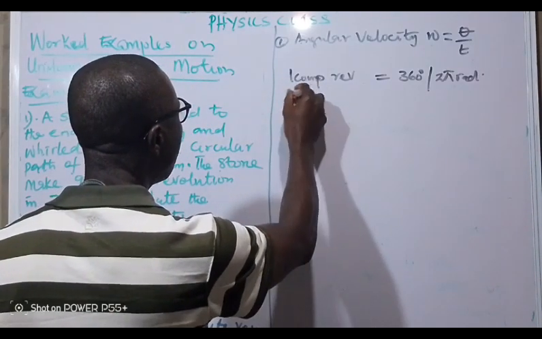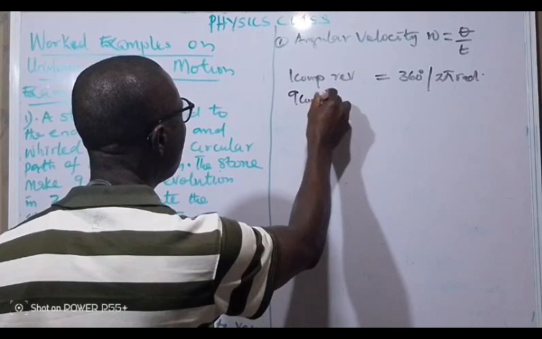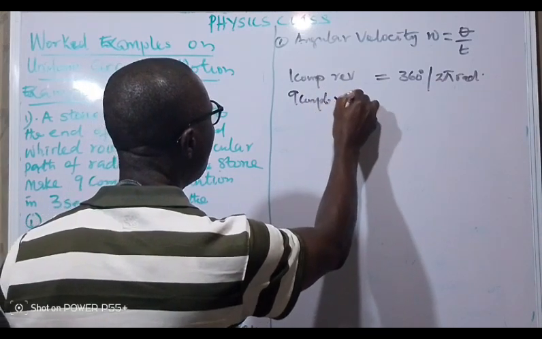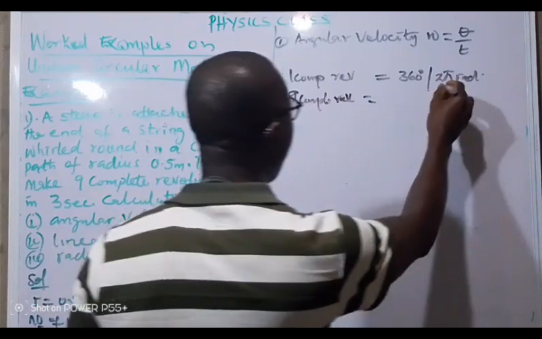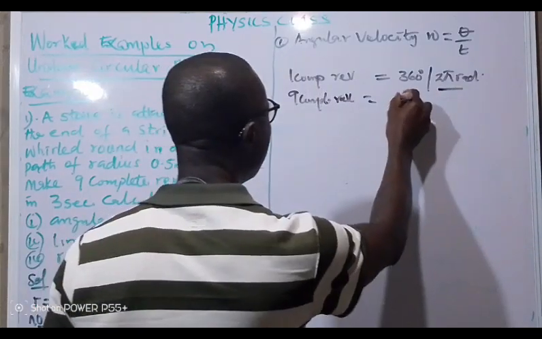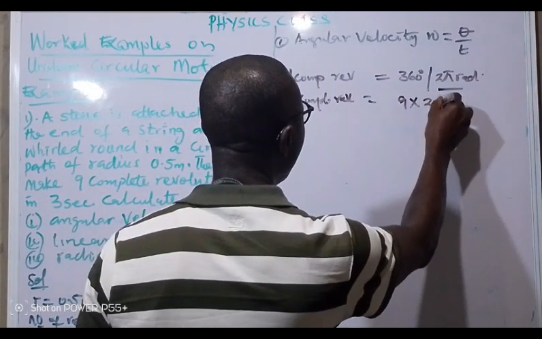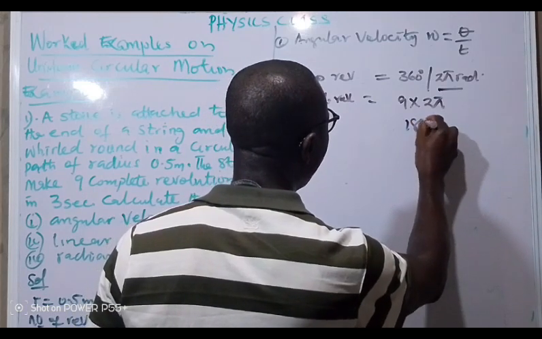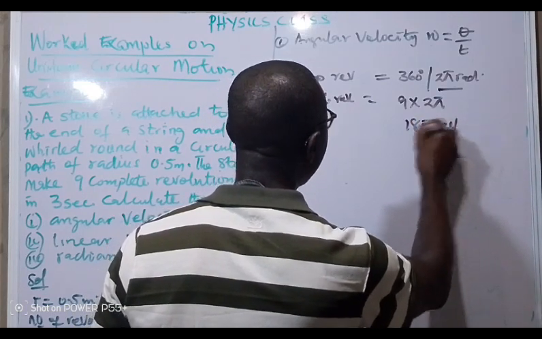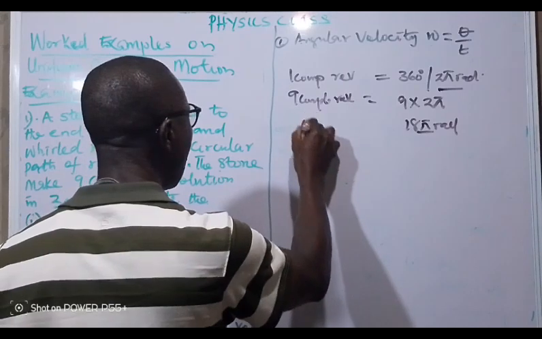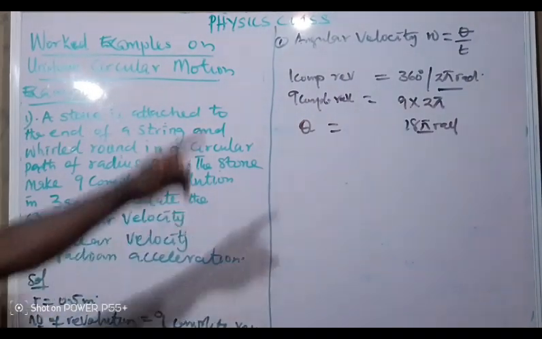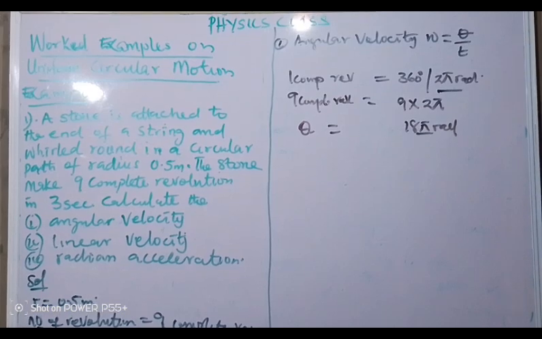Then we were given 9 complete revolutions. 9 complete revolutions will now give us, since we are working in radians, 9 multiplied by 2 pi. That is 18 pi rad. So that is our angle, for 9 complete revolutions.